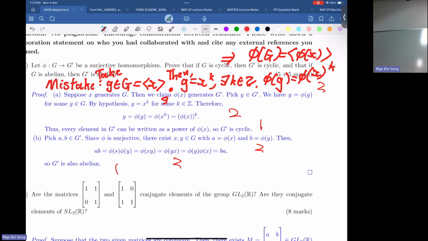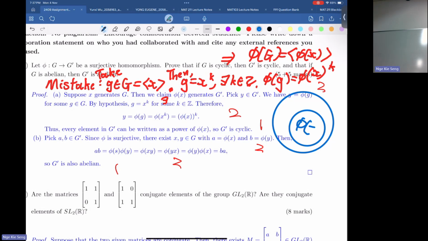In the diagram of the group, you only show that φ(G) is cyclic. But how about other elements inside G prime? Understand? You only look at the image of G only.